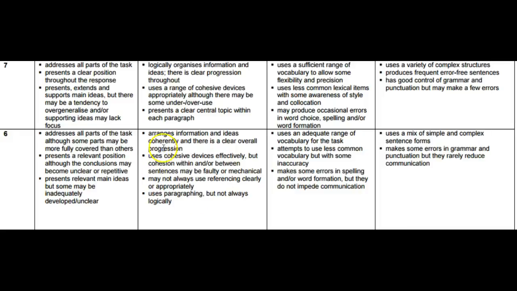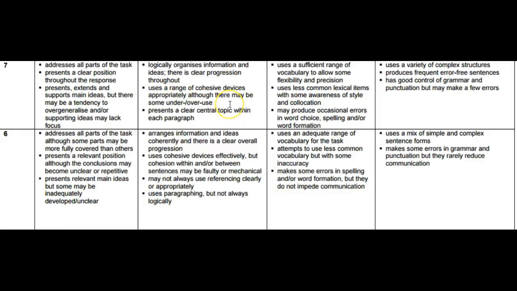In order to get a 6, you must have a clear overall progression. Some of your cohesive devices may be faulty or mechanical, but only some. And your paragraphing needs to be there, but it might not be perfect. But to get a band 7, you must logically organize all of the information with a clear progression.